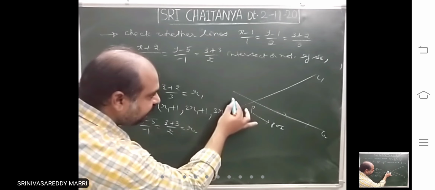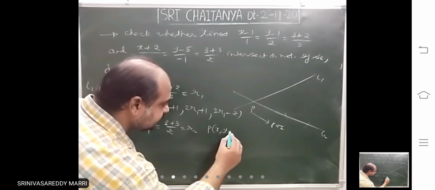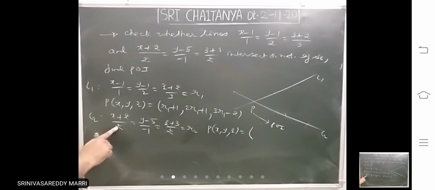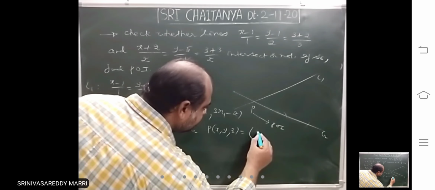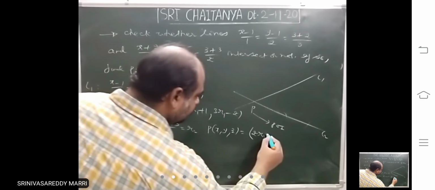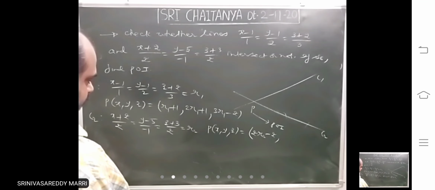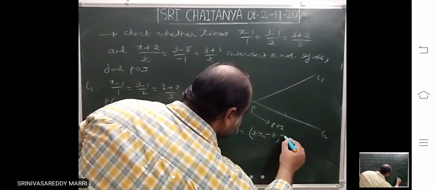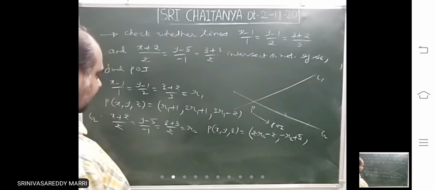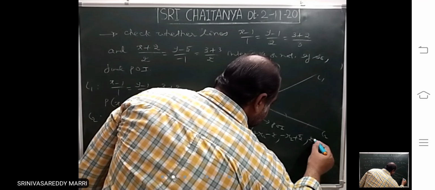That means P lies on this line also. Equate this to R2, what you will get? 2R2 minus 2, minus R2 plus 5, 2R2 minus 3.